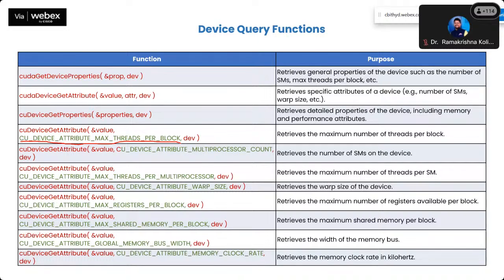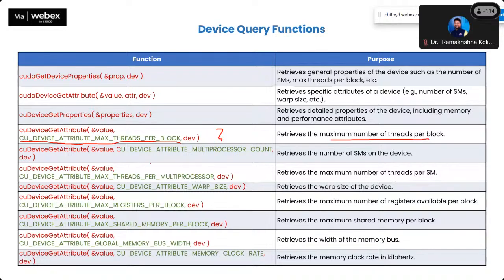I have one GPU, and I want to know how many maximum threads per block that particular GPU supports. I can use this function, and it will give me the maximum number of threads per block, and you can print it on your terminal.